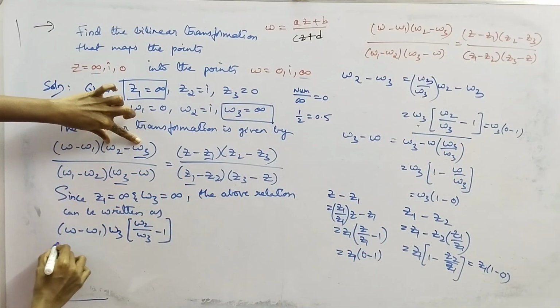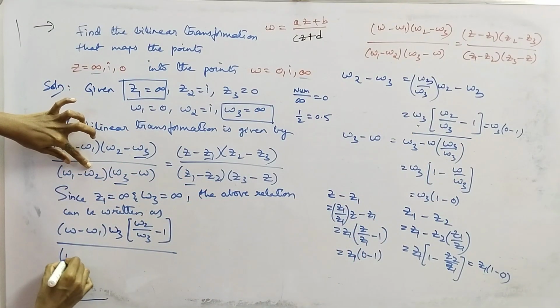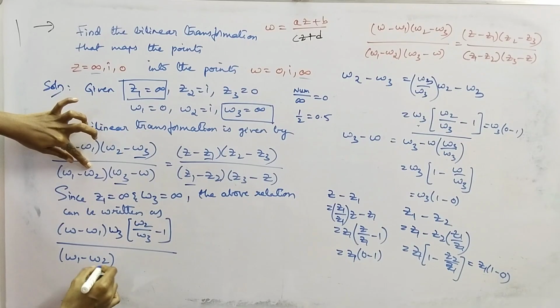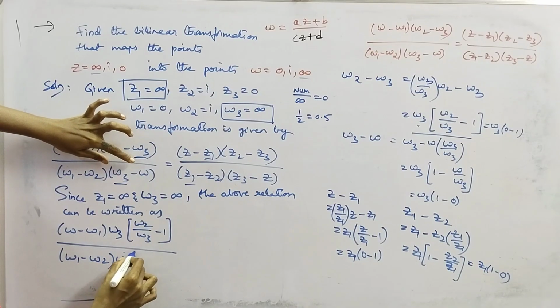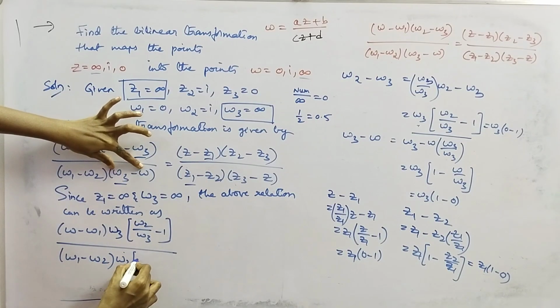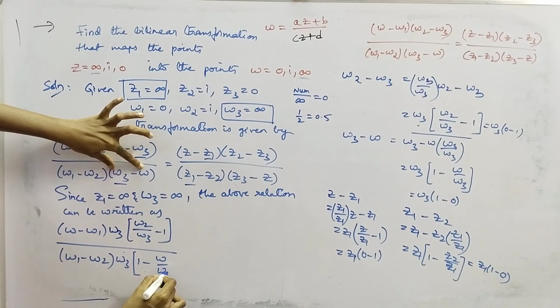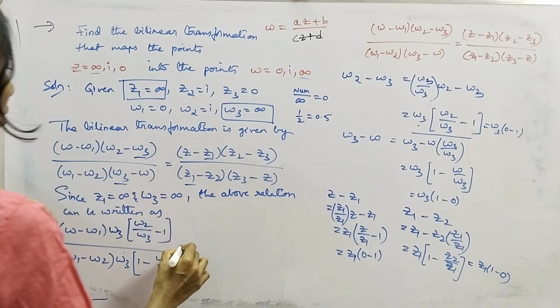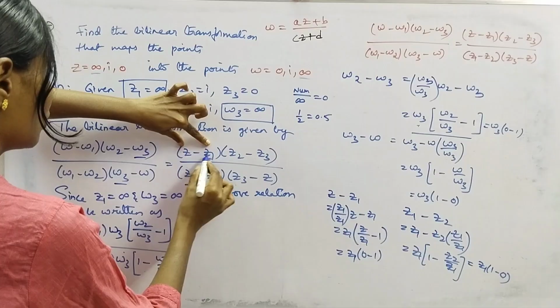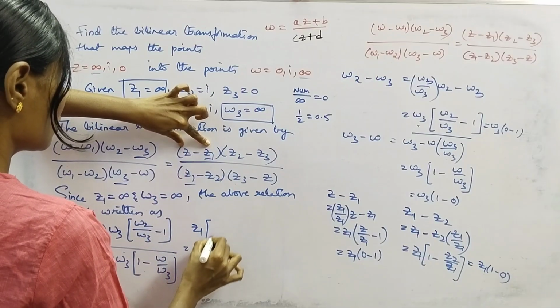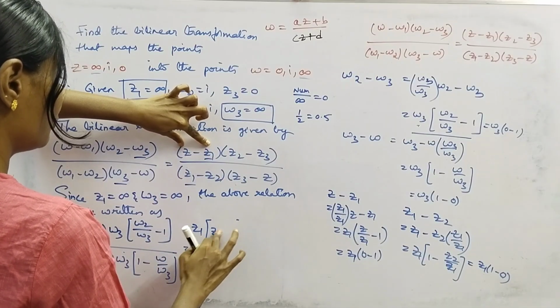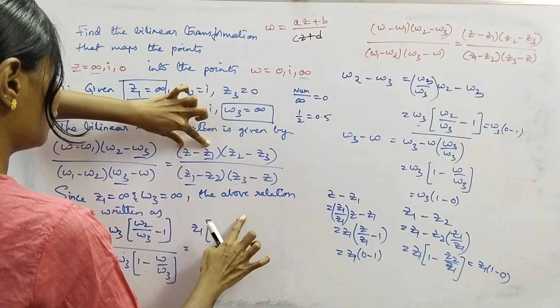This is what I have written here, by omega 1 minus omega 2 into, here again we'll take omega 3 common, then you'll get 1 minus omega by omega 3, right? Clear. Now take Z1 common, you'll get Z1 times Z by Z1 minus 1, you don't have any Z1 in the first term, right?